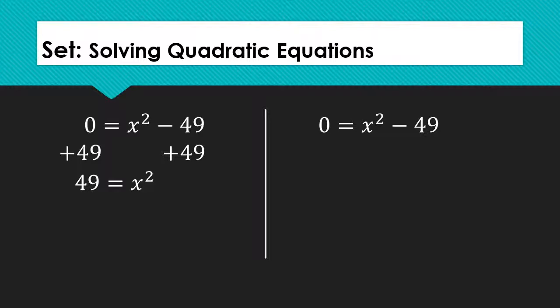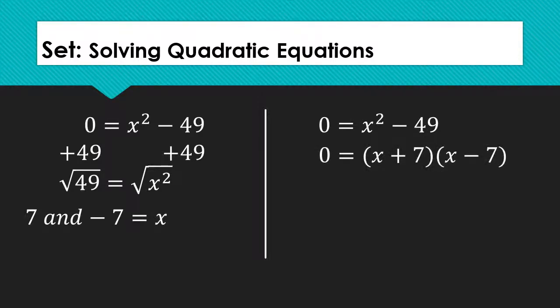The first step is to add 49 to both sides. We're left with 49 equals x squared. Then we're going to take the square root of both sides, and we're left with x equals ±7.